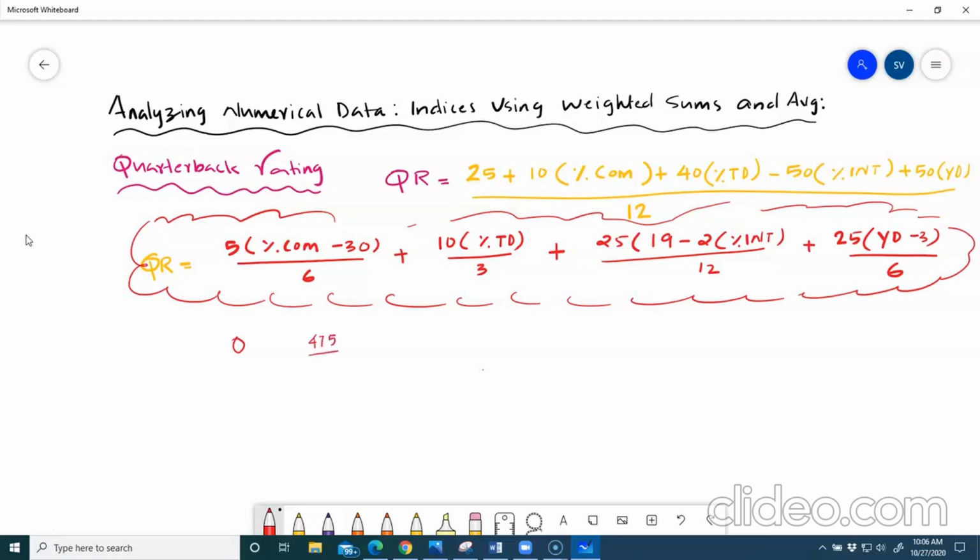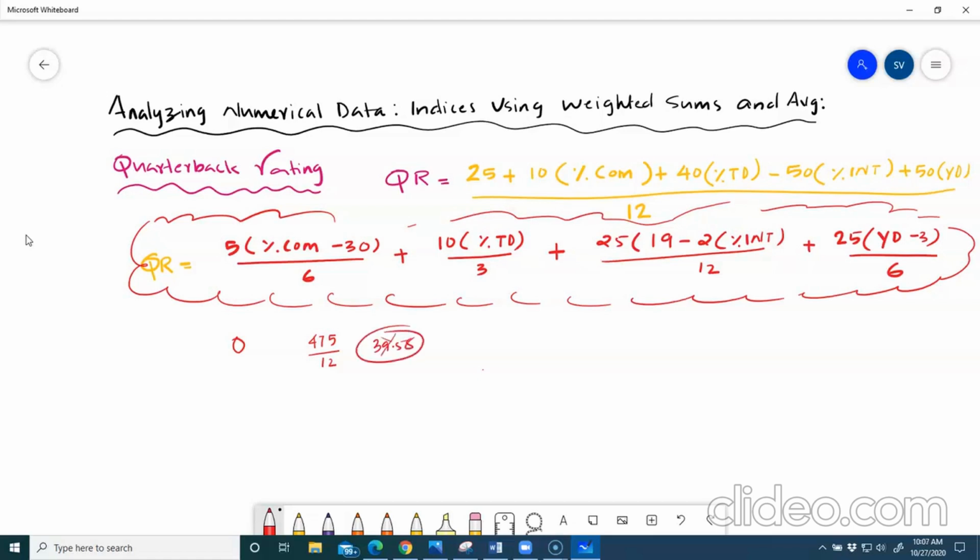475 over 12. 475 over 12 is approximately 39.58.